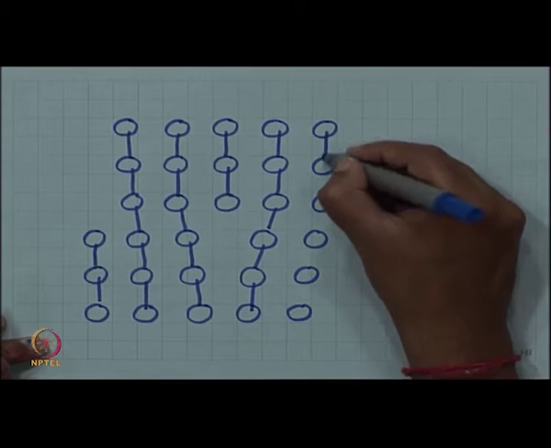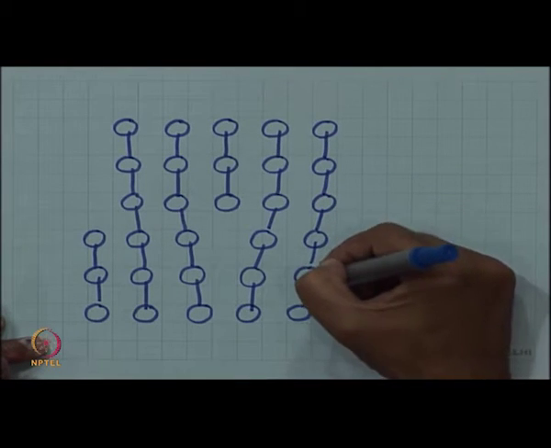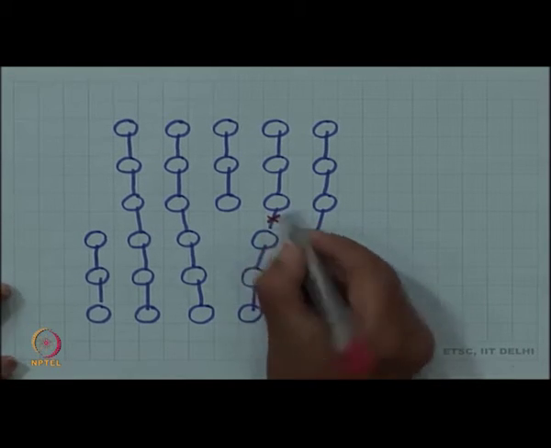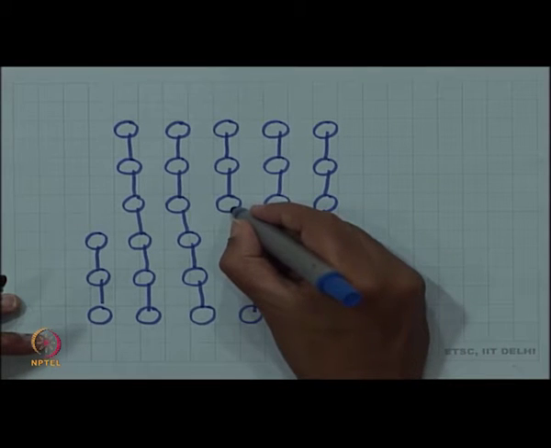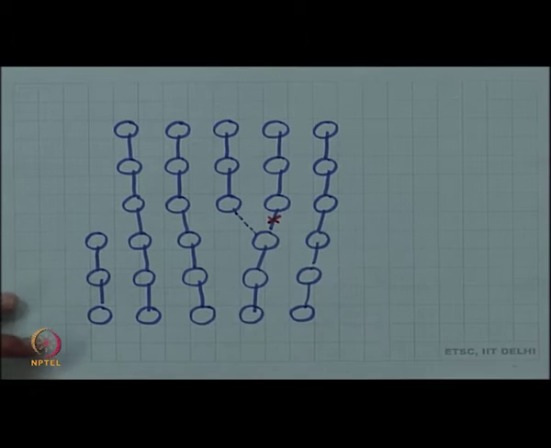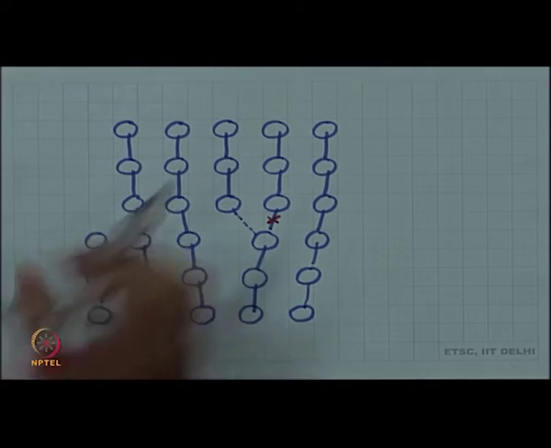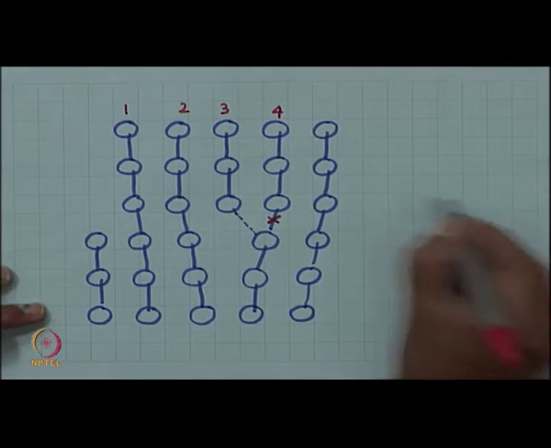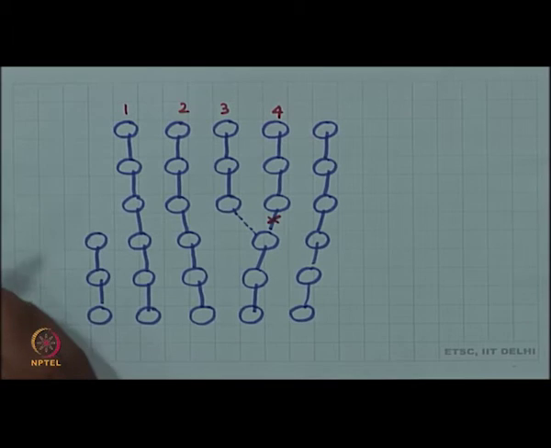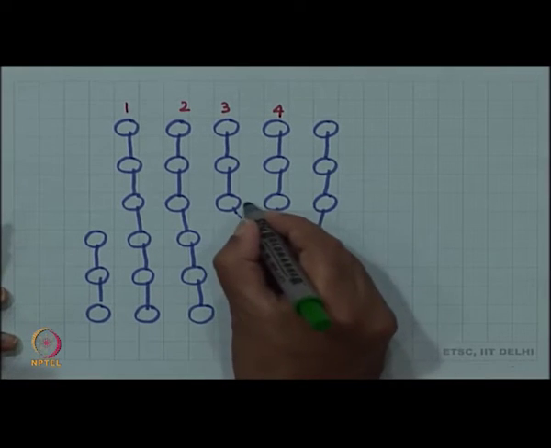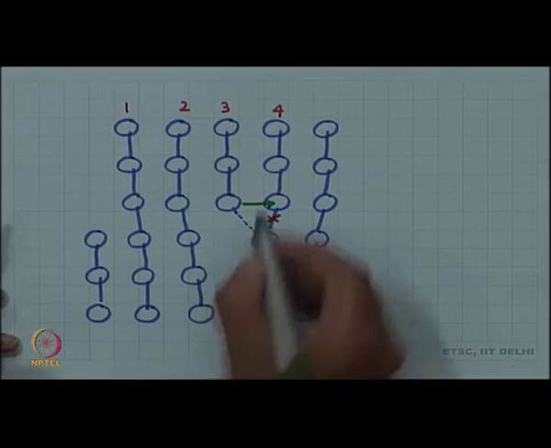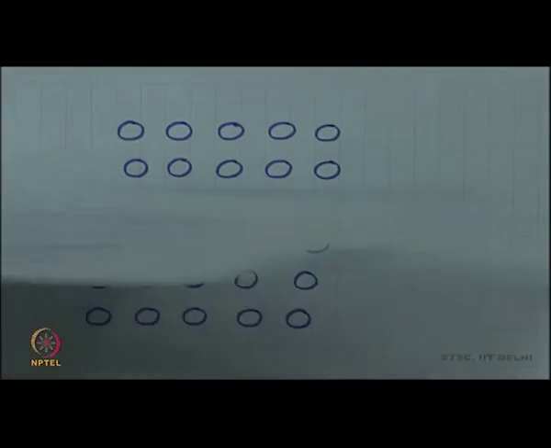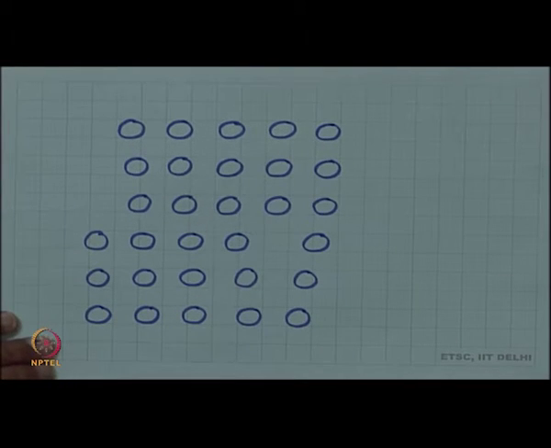So, gradually if we keep moving it this way, each time for yet another step I have to just break this bond and connect it this way. So, from the third plane it will move to the fourth plane, the dislocation will move from here to here. That is shown in this picture, it has now moved to the fourth plane.